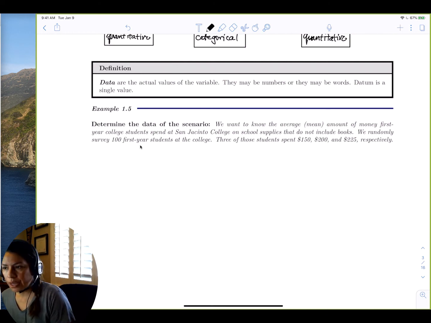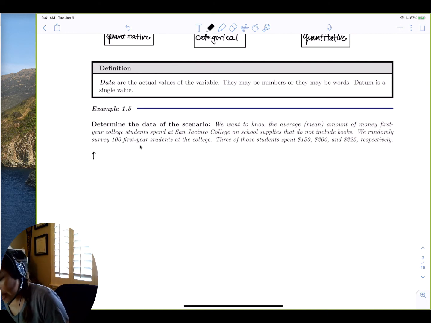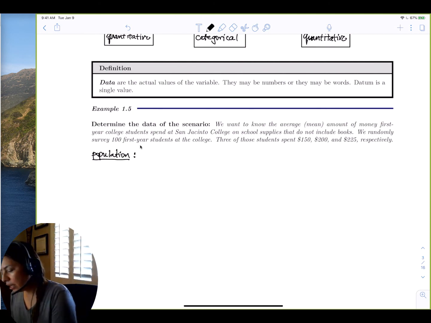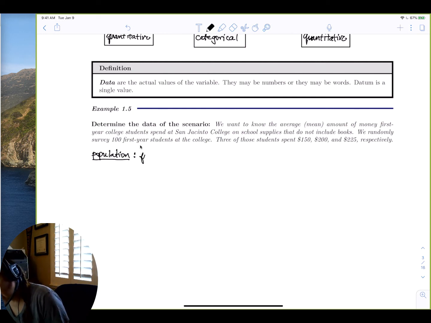Let's do it. Okay, so let's first start with the population. What is the population of this scenario? Well, if we want to see the average amount of money first year college students spend at this college, we're looking at the population of first year college students.